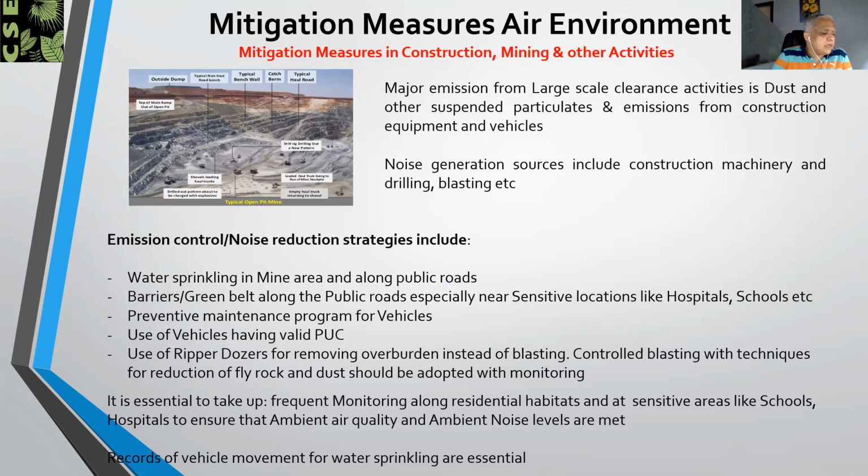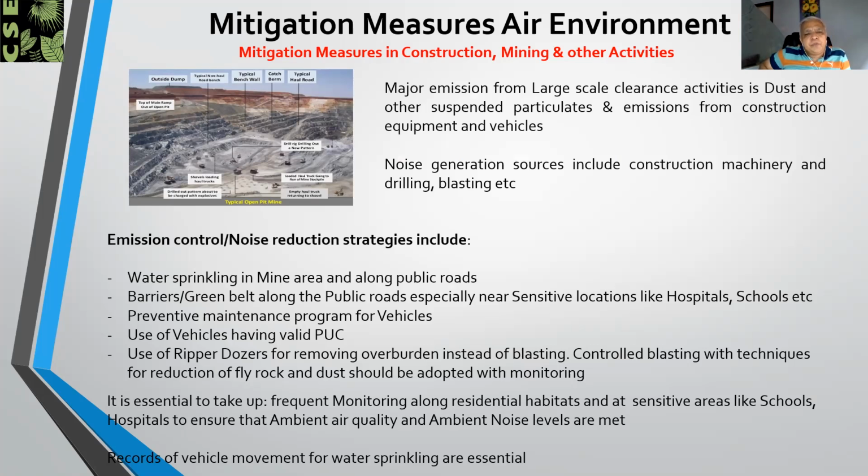So emission control strategies should include water sprinkling in the mine area and along public roads, having barriers and green belt, particularly near areas where there are sensitive features like schools or hospitals, etc. If anyone has gone to IIT Mumbai recently, the entire IIT Mumbai area has been provided with a noise barrier by MMRDA while expanding the road nearby.